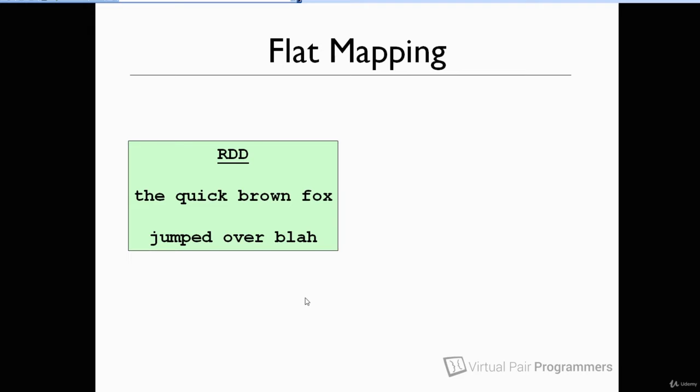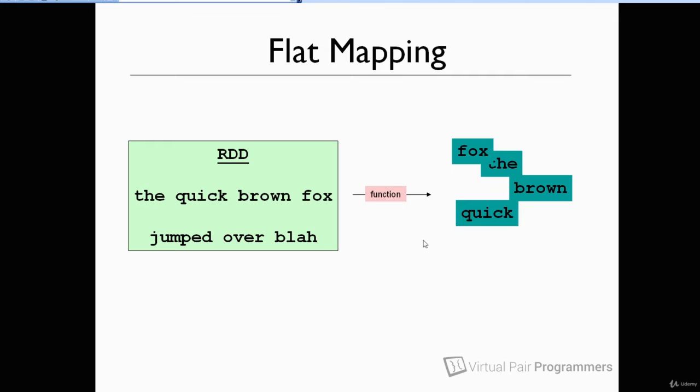Well, a map would not work here because clearly for this first line, we're going to want to see 4 elements in our new transformed RDD. So we're going to want to apply some kind of a function which is going to split that string into, in this example, 4 new strings.